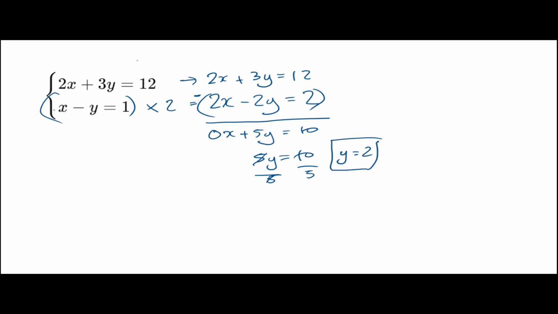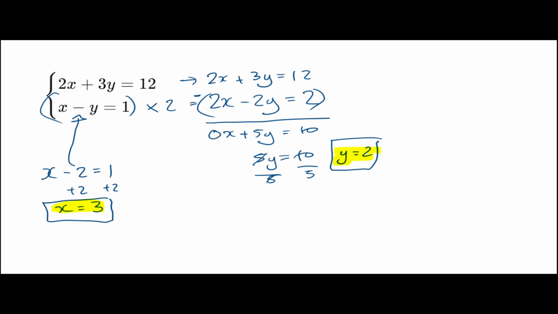Then I'm going to come along here to the other equation, and wherever I have a y, I'm going to put a 2. So x minus 2 equals 1. I'm going to add 2 to both sides. x equals 3, and that's the answer for that one. So our final answer for this one is x equals 3, y equals 2.